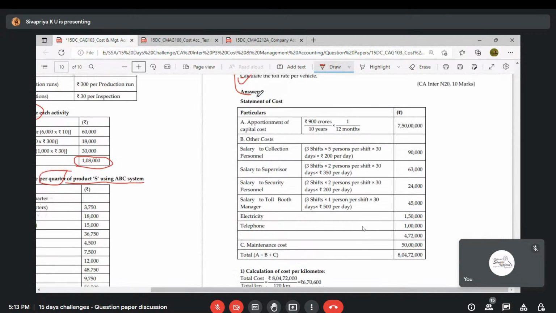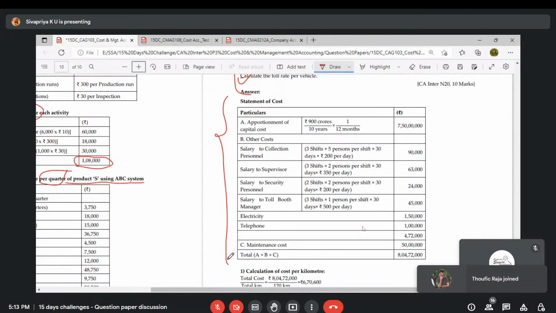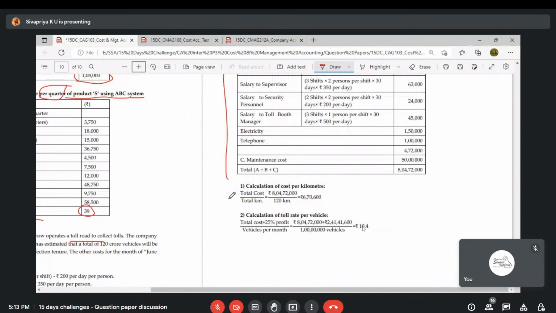Normally, the same statement of cost as in service costing, we take all the related expenses. So the total cost divided by the total kilometer quota, you will get per kilometer. Total cost divided by total kilometer 120, you will get 6,70,600 as cost per kilometer.